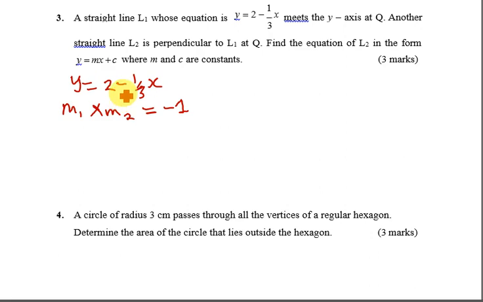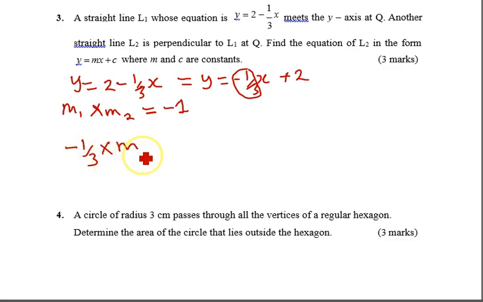So from the equation that we have here, we need to rearrange it so that y is equal to -1 over 3x plus 2, so that this number here becomes our gradient for L1. So the gradient for L1, which is now negative that, multiplied by the gradient of L2 is supposed to give us -1.